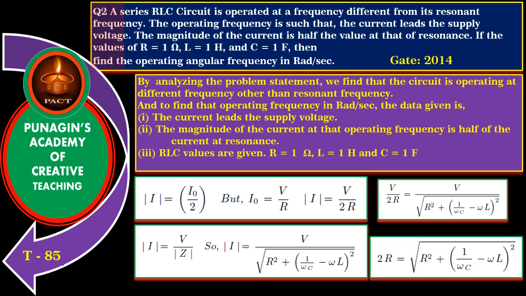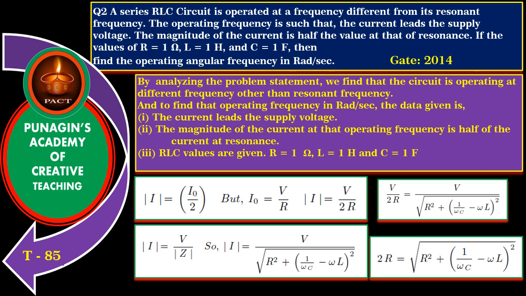Friends, next we shall solve another interesting problem which needs a little bit of thinking. By analyzing the problem statement, we find that the circuit is operating at a different frequency other than the resonant frequency, and we are required to find that operating frequency in radians per second.